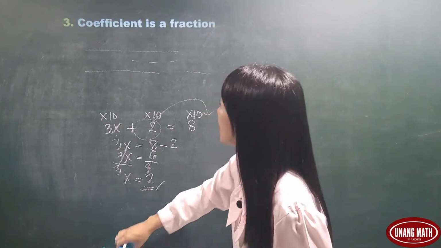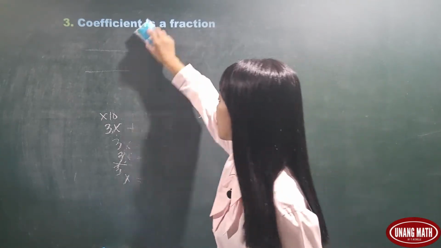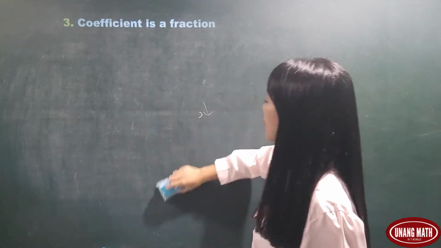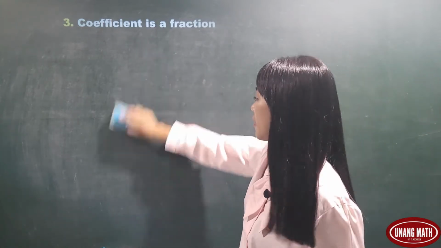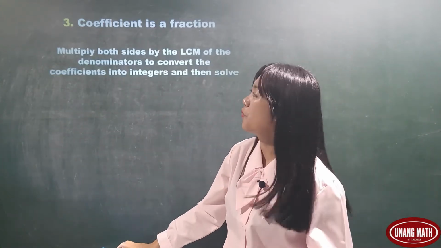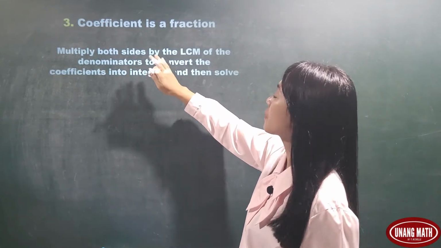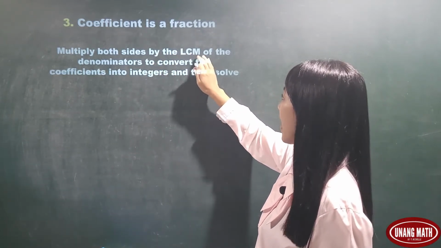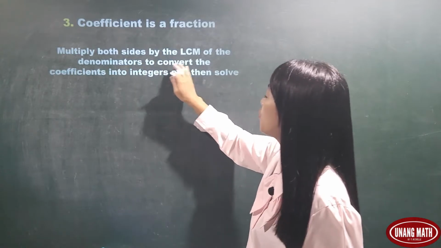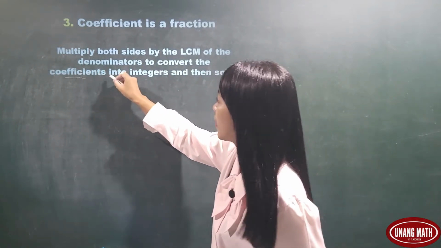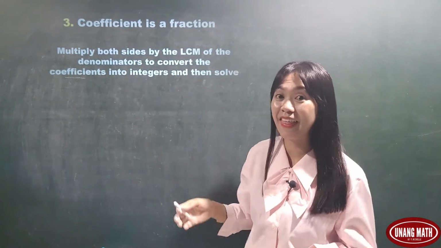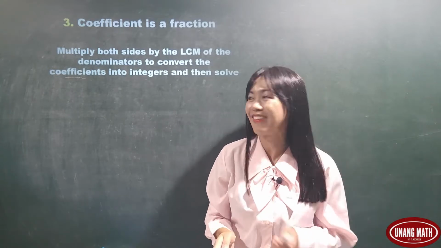Okay, how about if the coefficient is a fraction? To solve a linear equation that has a coefficient of a fraction, what we can do is multiply both sides by the LCM of the denominators to convert the coefficients into integers and then solve easier.